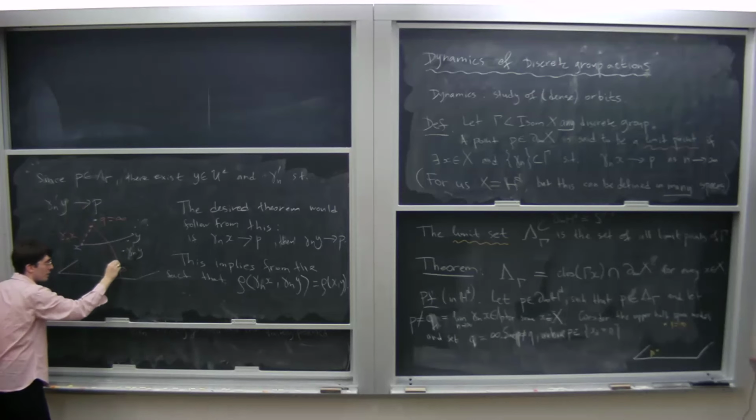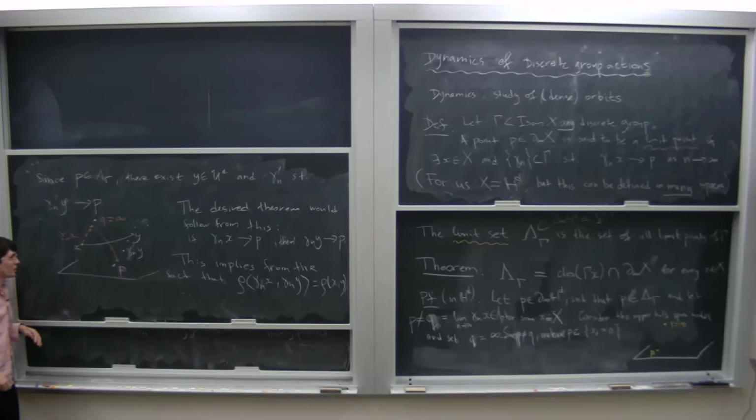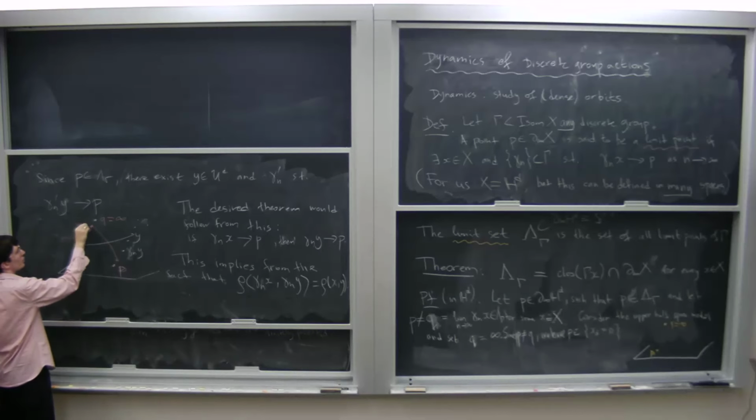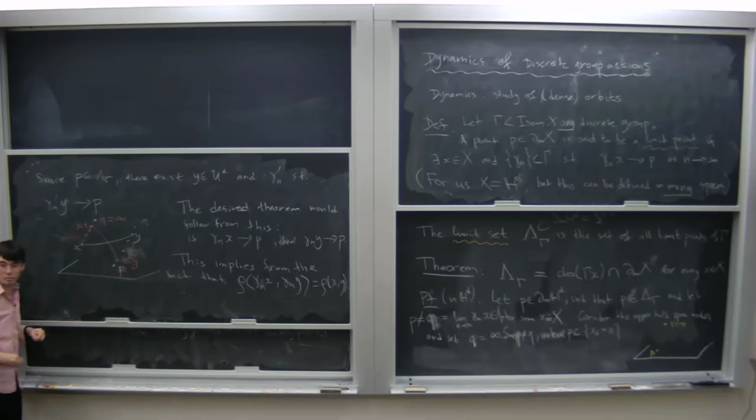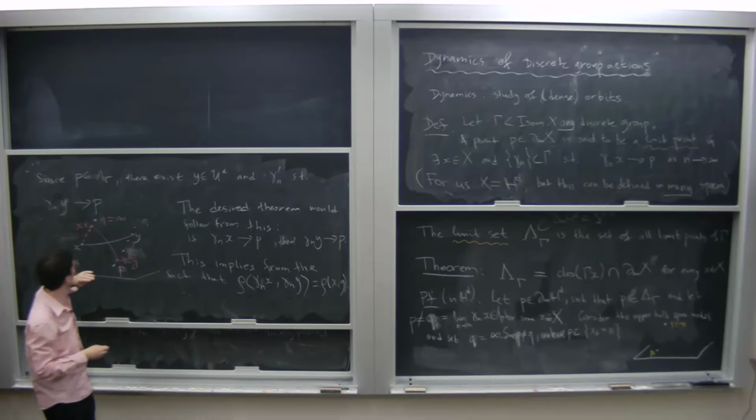Then this distance is getting larger and larger. So this is gamma n x, and this is gamma n y, right? Yeah, in fact, I don't need gamma 1 prime.